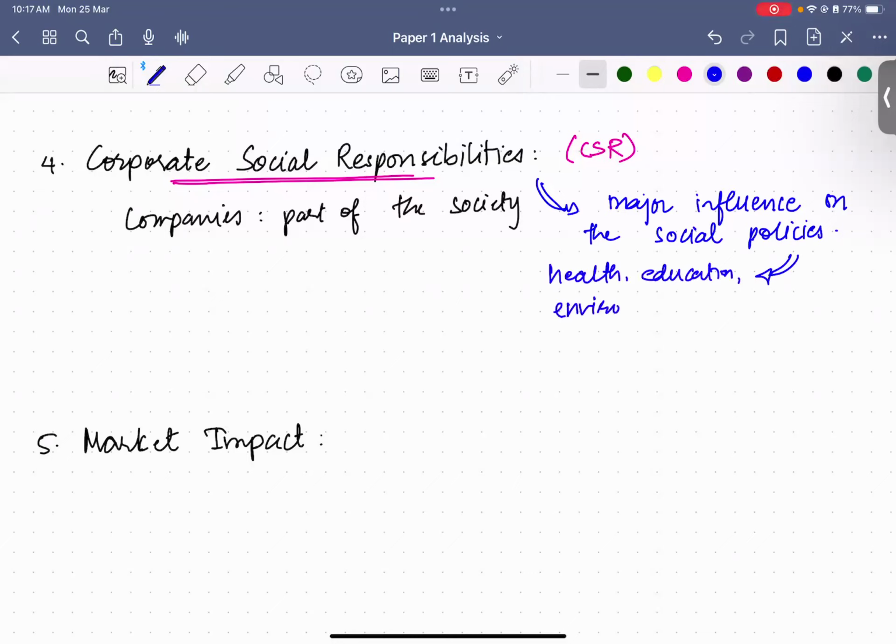So first of all, whenever you're trying to answer the question, you read the question however many times you want, then you try to understand what is the demand of the question. Here it is talking about the needs of the society. Now you tell me one thing, okay? Suppose e-governance, for example.